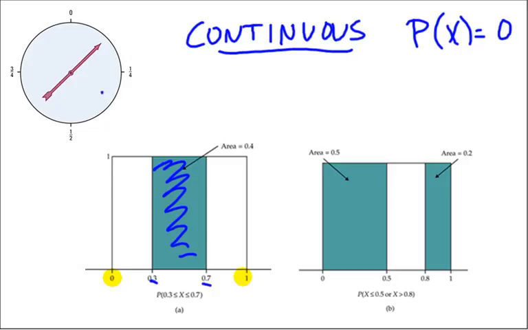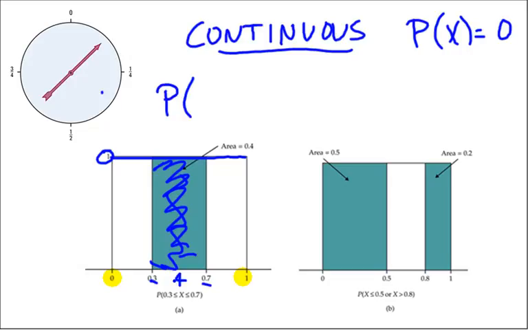Now, in this spinner, all of the outcomes are equally likely. So I have a straight distribution, a straight density curve. In the area between here, this has to be 1 high. So the area of this green rectangle is 1 times 0.4, so 0.4.